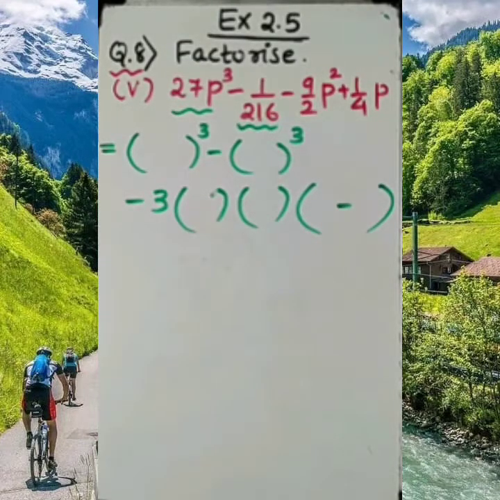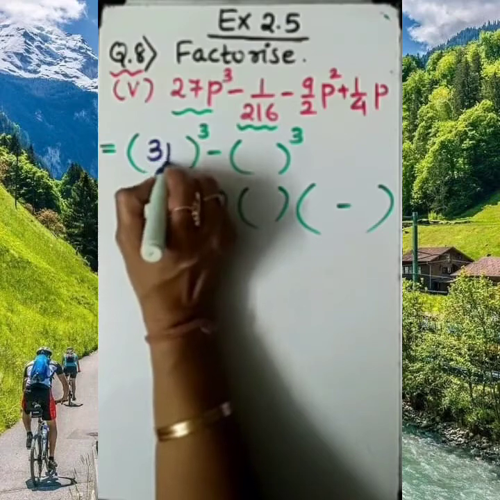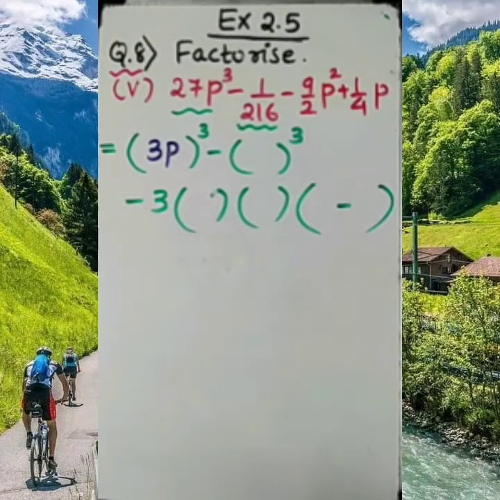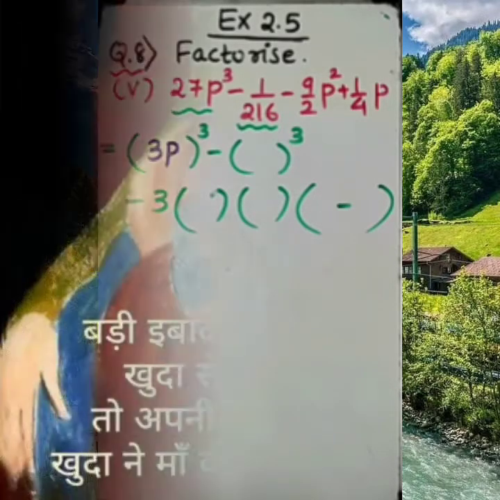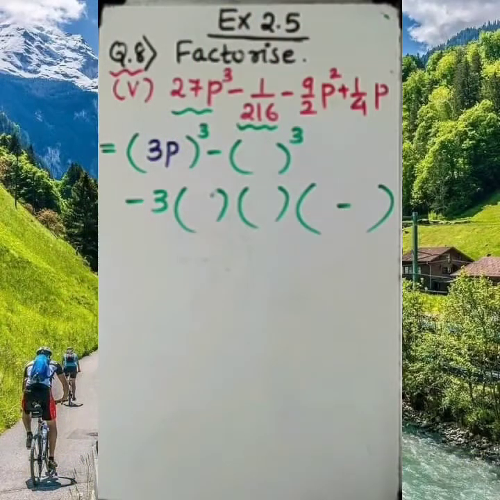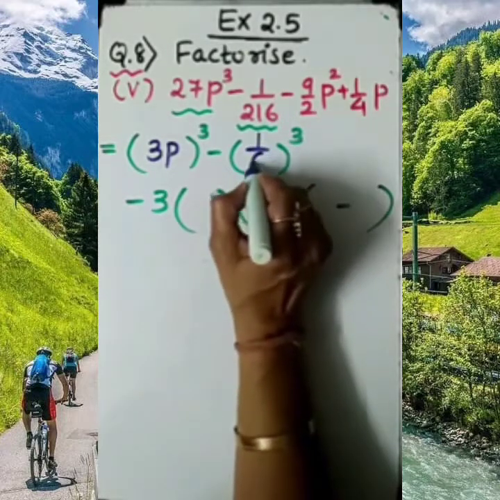Now 27 we know is the cube of 3p. But what about 216? Dear student, if you multiply 6 into 6 into 6, you will get the cube of 6. So here we will have 1 upon 6.